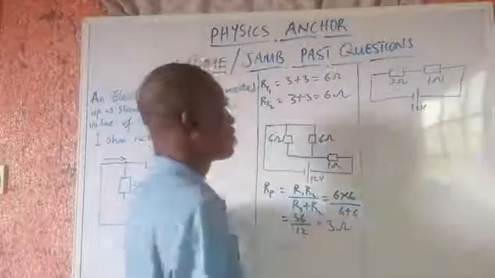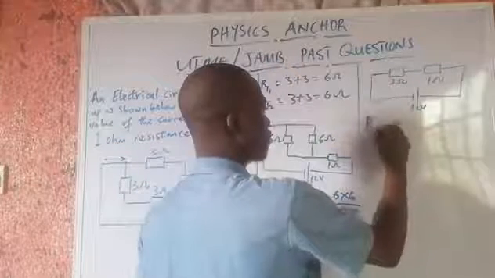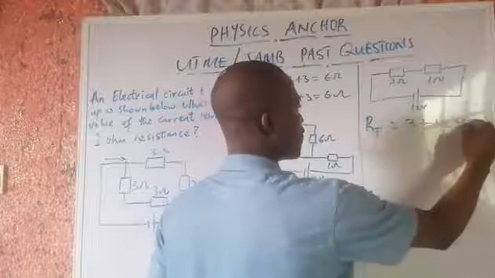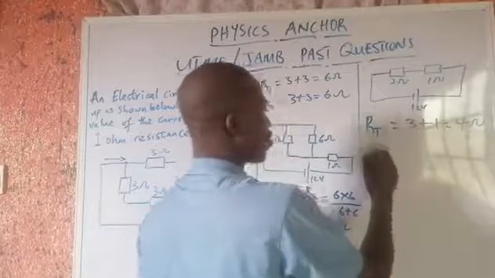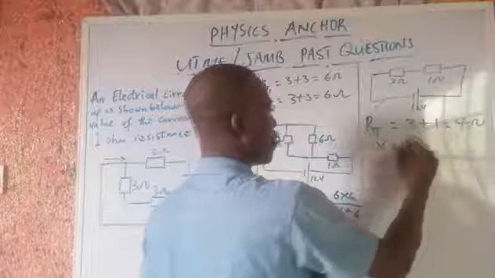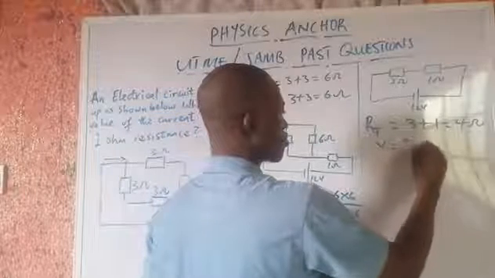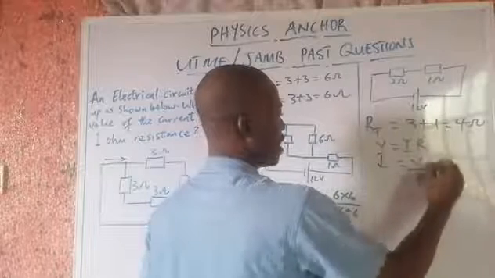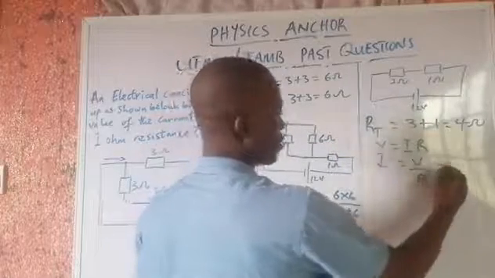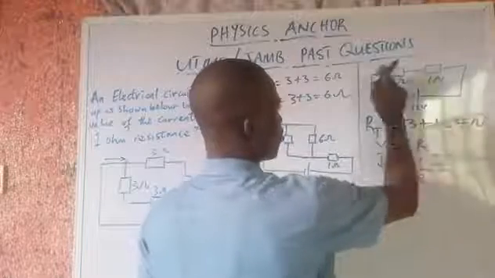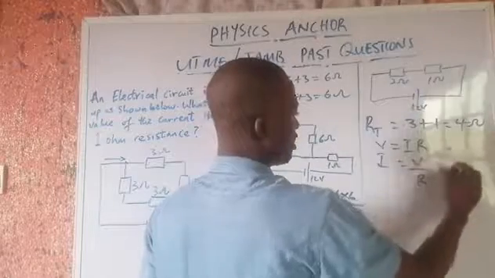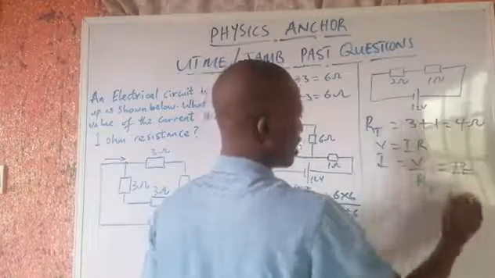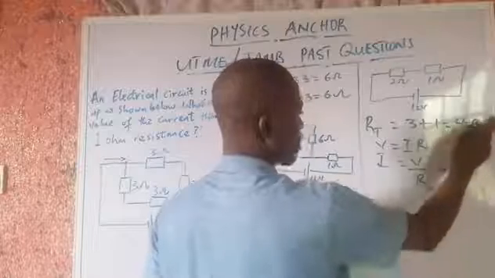So what just remains for us is to find our R total, which will be the series connection of this. That will be 3 plus 1 equals what? 4 ohms. So for us to now know the current that will flow, we remember our Ohm's law. V equals IR. The current is what we want to find, so that's V over R. The potential difference from here to here is actually 12, and the resistance is the total resistance, which is 4 that we have gotten here.